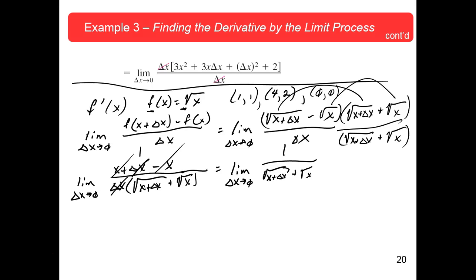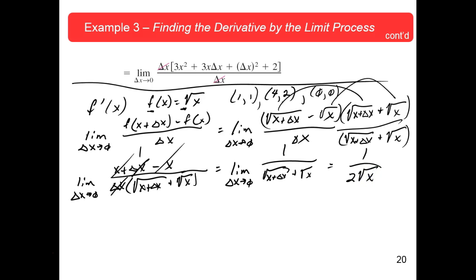Now let's do our limit. We tried before and wound up indeterminate, 0 over 0. Let's try it again. When we put delta x going to 0, that goes to 0, so you have 1 over the square root of x plus the square root of x. That's 2 square root of x. So when I take that limit, it will be 1 over 2 times the square root of x.